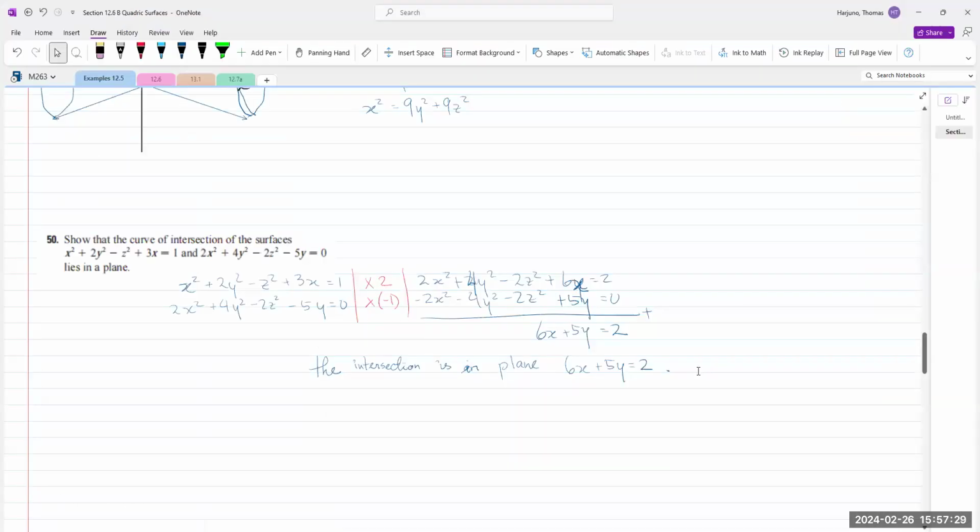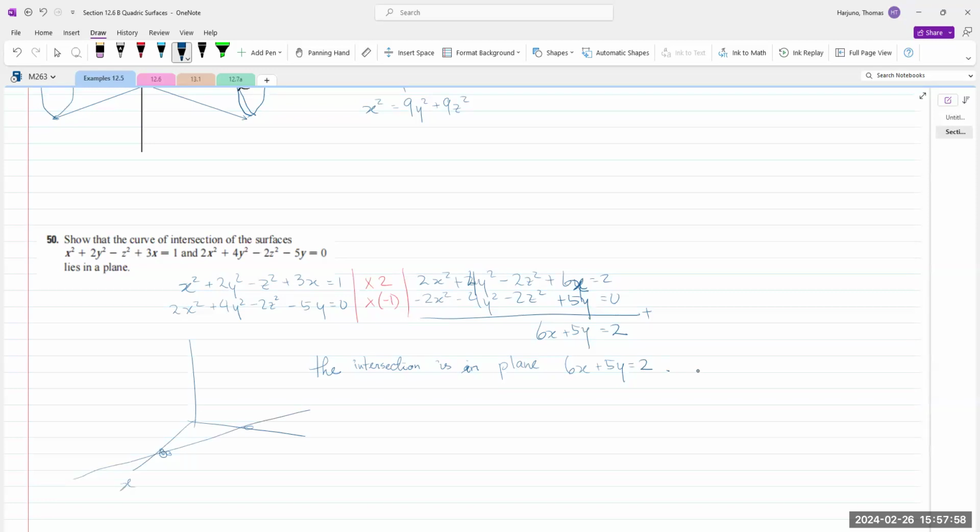Try to graph it yourself and see that the intersection is actually on a plane, and that plane is slanted, right? So in three dimensions, it will look approximately like this. So it will intersect on this plane.